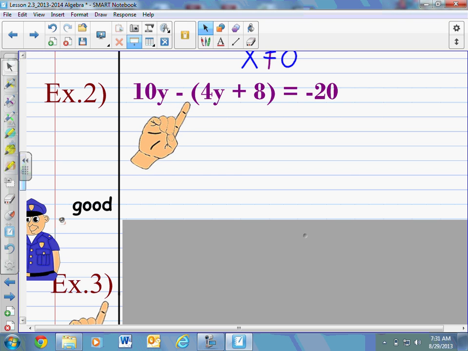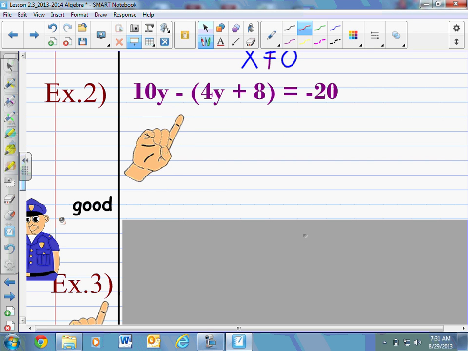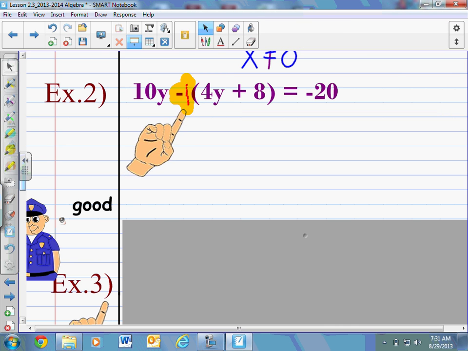But what do you distribute, because there's nothing right here? Well, you can put a 1 right there. So make sure you put that 1 right there. And it's really a negative 1 I want you to share. Whenever you just see a negative sign outside like that, it's basically a negative 1. Negative 1 times 4, negative 1 times 8. Take care of that.